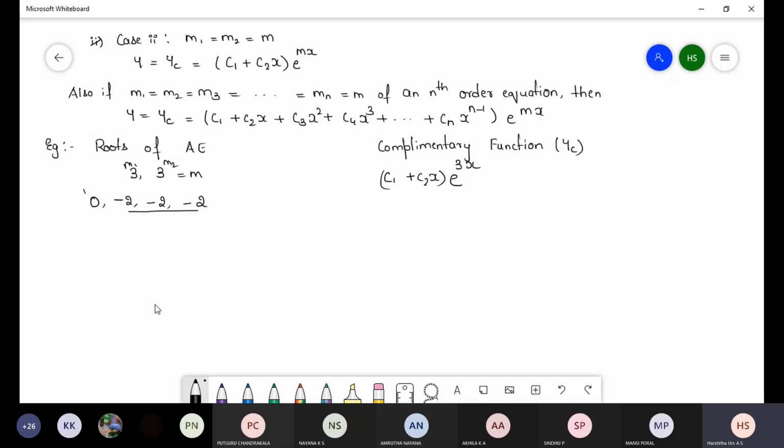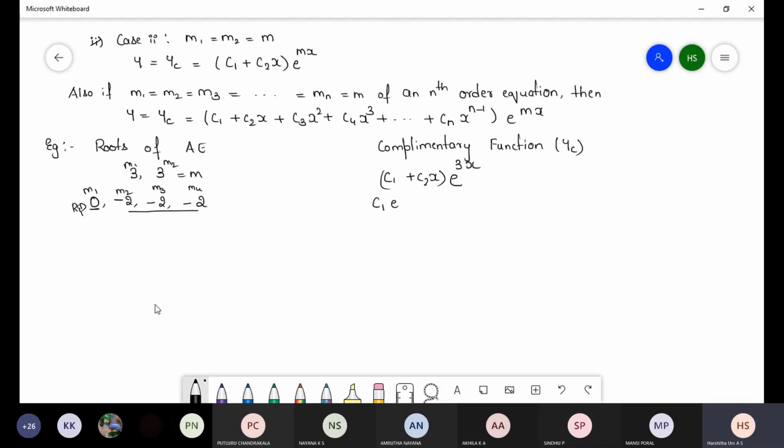We have to give a name for this one also, m1, m2, m3, m4. So here this 0 is real and distinct. It comes under real and distinct. So we have to use the real and distinct formula.